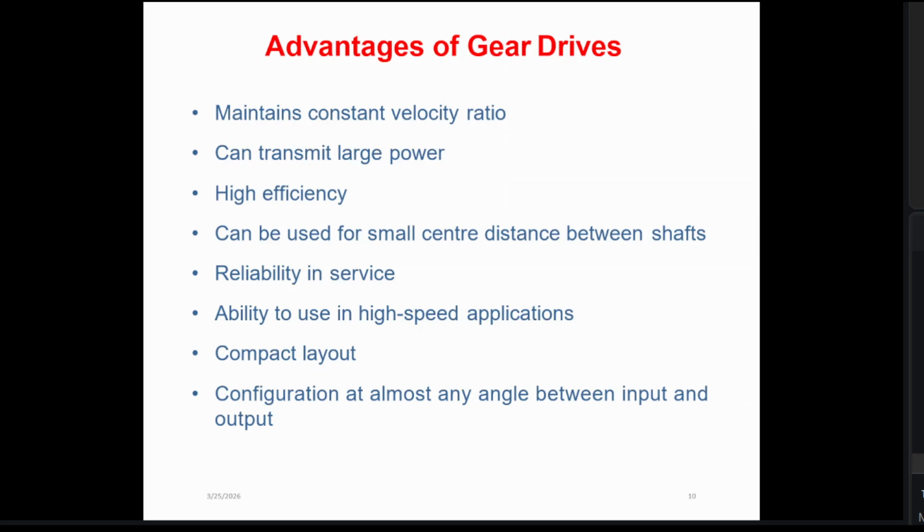So you have a better idea now because we solved a few example questions as well. Right, not like that. We can use these gears for very high speed operations and compact layout and configuration at almost any angle between input and output.